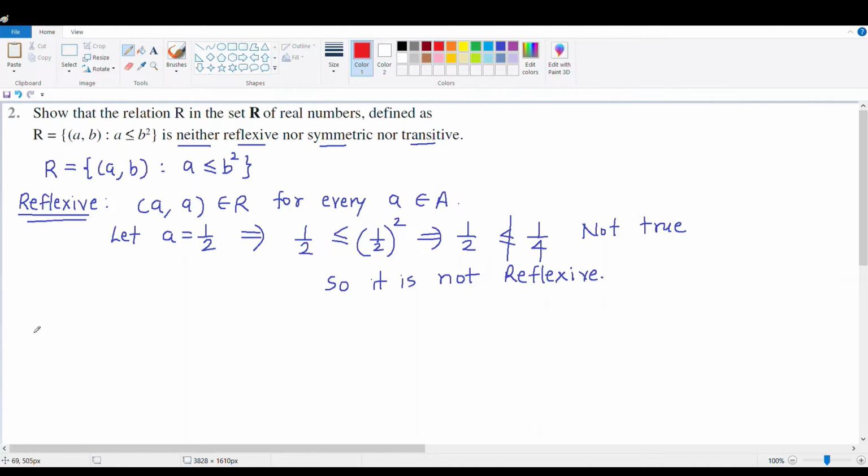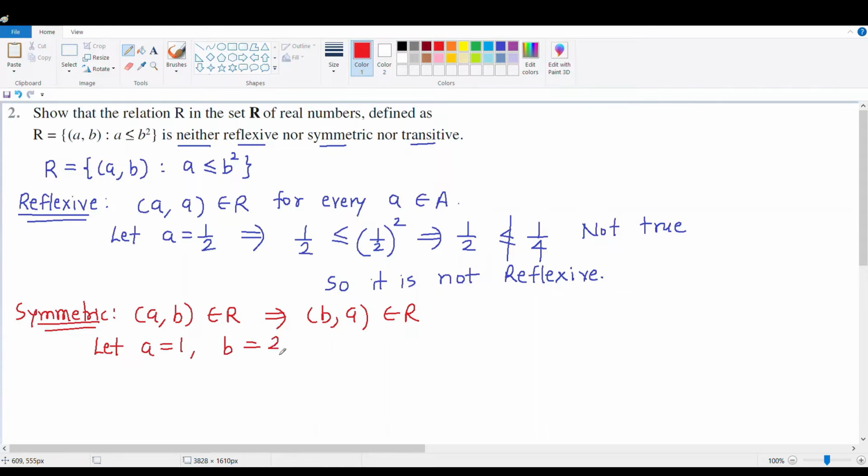We are going to check for symmetric now. Again, we are given that it is not going to be symmetric, so again we are just going to show the counter example. Now the definition of symmetric is what? That if you have (a, b) belongs to R, then you must have (b, a) belongs to R. Now take a equals 1 and let's say b equals 2.